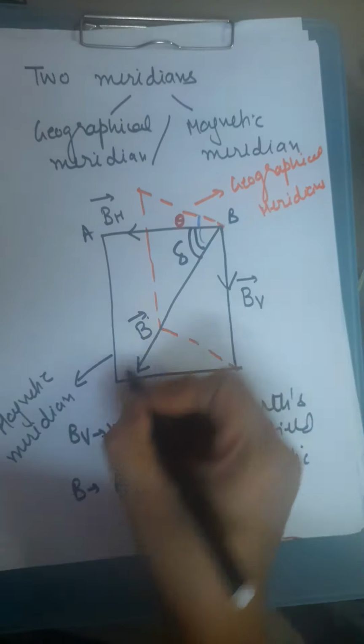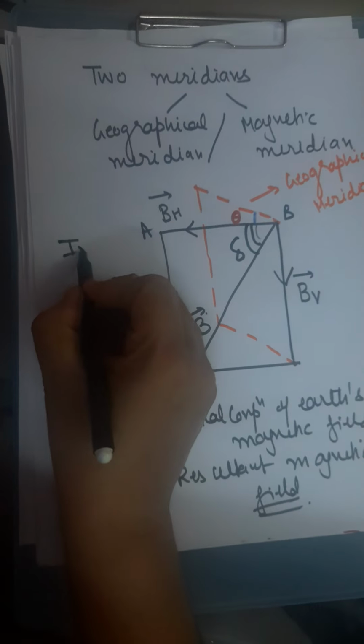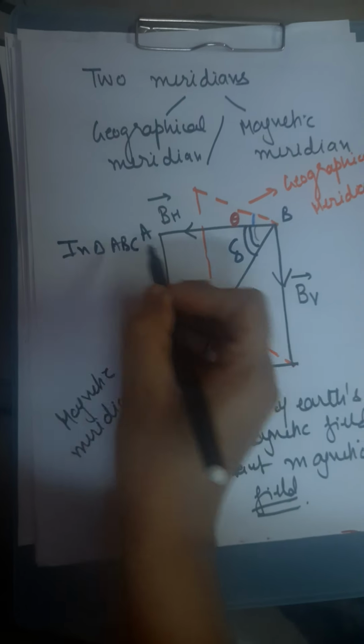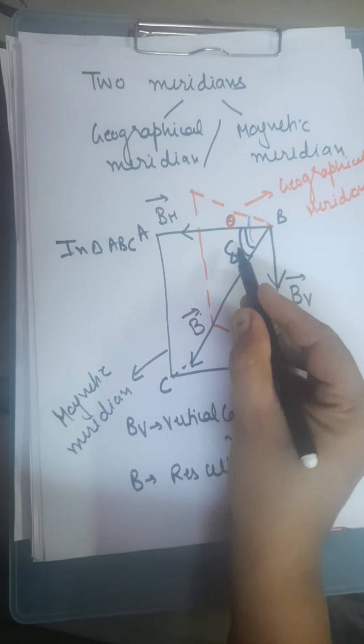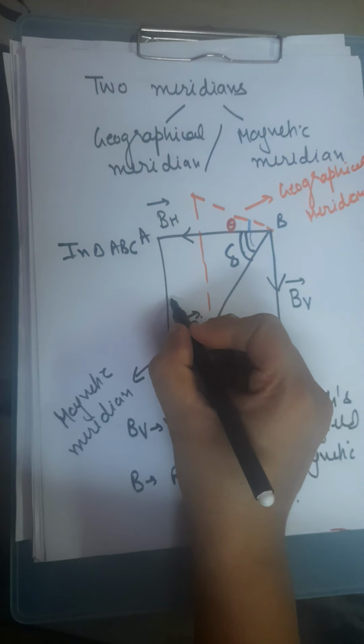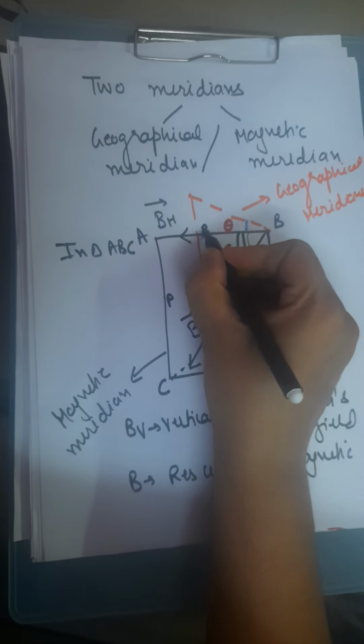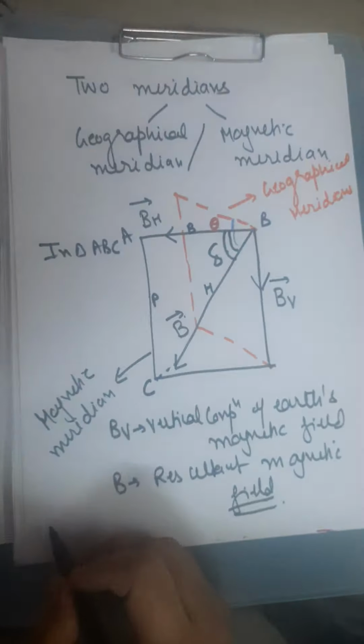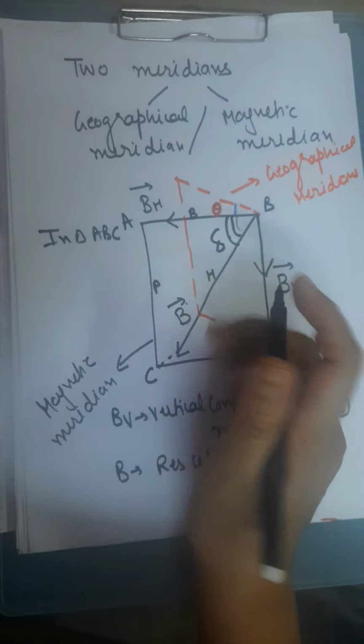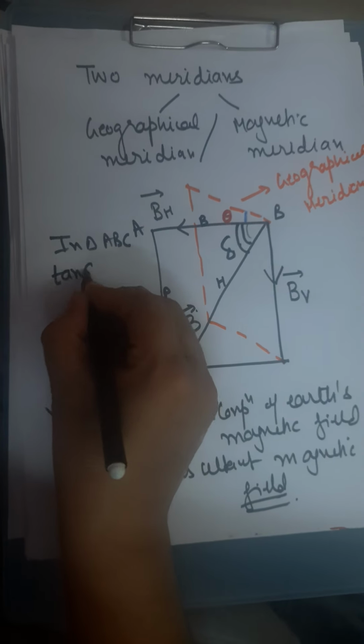If I extend it, children, it will go up to C. Can you all visualize triangle ABC? Visualize it with me, ABC. Children, in triangle ABC, if this is the angle, then opposite to the angle is the perpendicular, this is the base, this is the hypotenuse, right? Can you all tell me how much is tan delta?